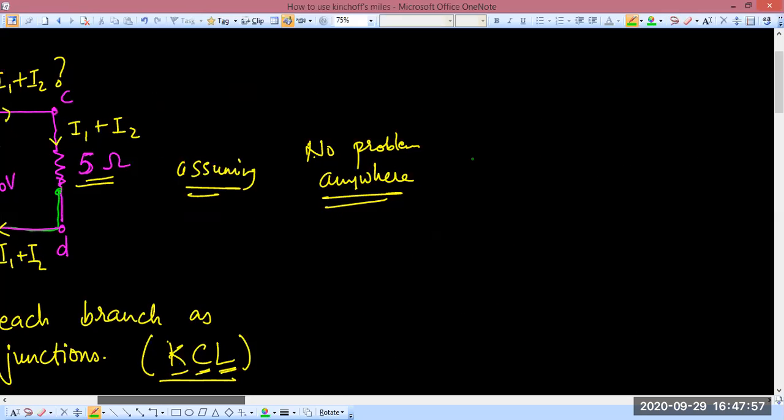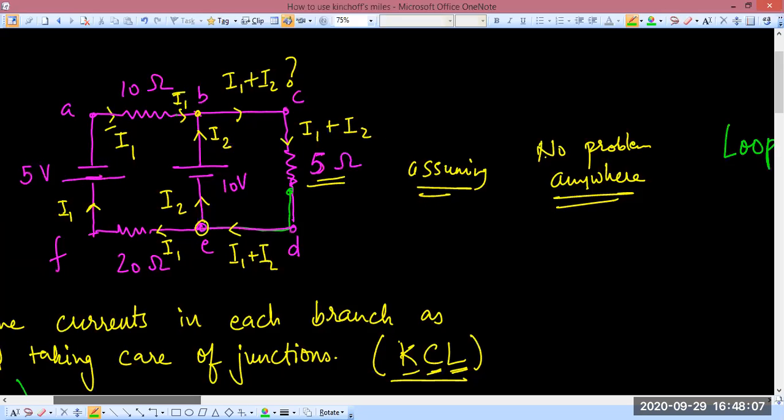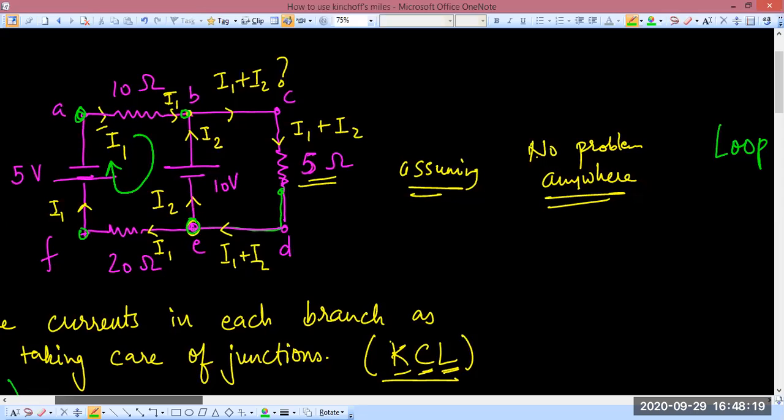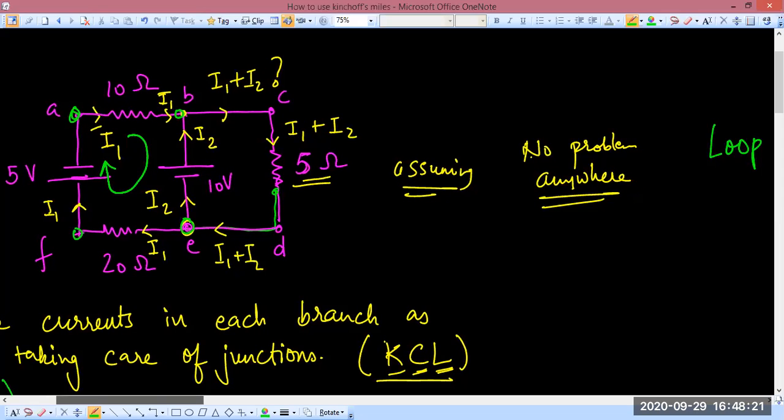We will take the loop A, B, E, F, A. I hope all of you see where that loop is. Right. So automatically I've chosen this direction. So you draw it like that. You draw it on the inside so you know what you are doing. So we are going A, B, E, F, A. That is, we are going clockwise in that loop.